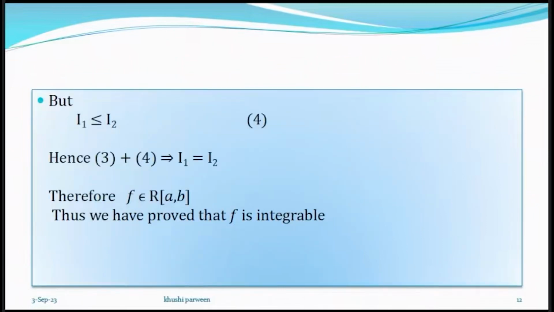But we know that the lower Riemann integral cannot exceed the upper Riemann integral. So from equations 3 and 4, this implies that I1 is equal to I2. Therefore, f is Riemann integrable, as we have proved that the condition is sufficient.